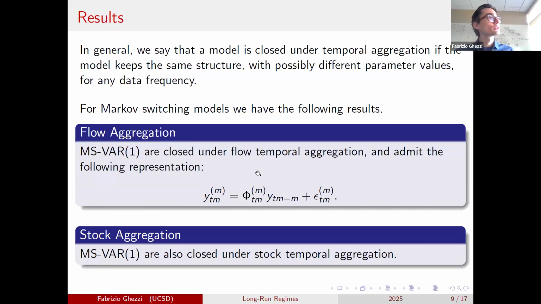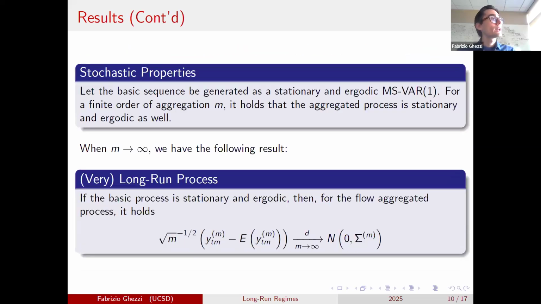Okay, and so this is what this slide is telling you, that these models, as we say in econometrics, are closed under temporal aggregation. So no matter how you aggregate them, you end up in that class of models. The parameters will be different, but you are still in the same class of models. Then of course there is one more thing about the functional specification.